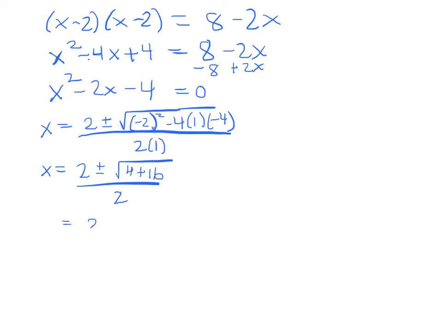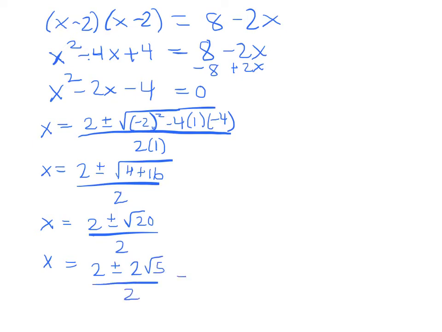And 4 plus 16 is 20. And of course, I can reduce the radical of 20. And 20 is 4 times 5, so that will be 2 root 5. And both of these divide by 2, so that's going to be 1 plus or minus root 5.